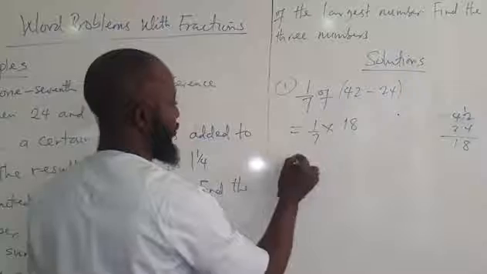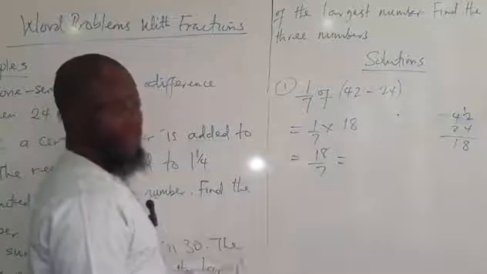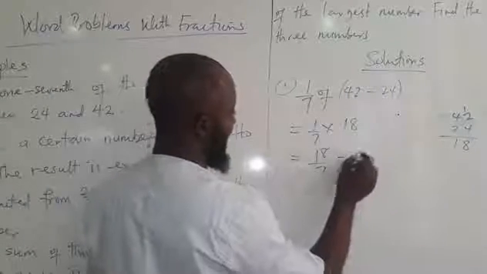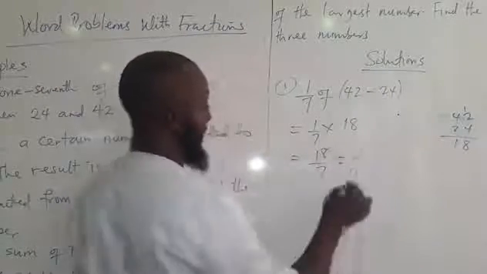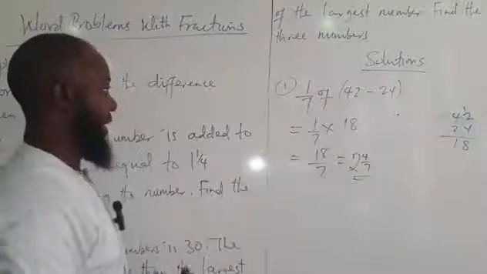Sorry for that. So you multiply, that's 18 divided by 7. You can't leave it this way. This is an improper fraction. So 7 into 18 is 2, which is 14, remainder 4 over 7. So this gives us the final answer.